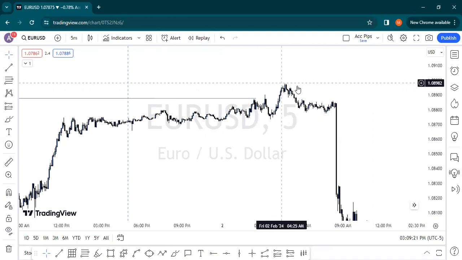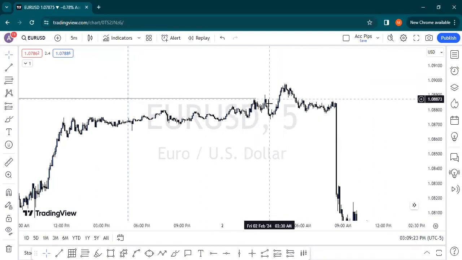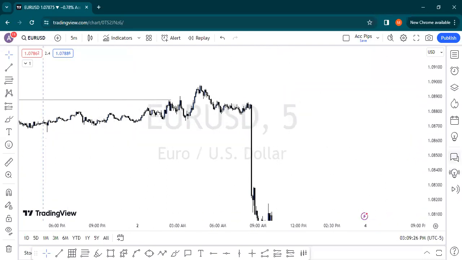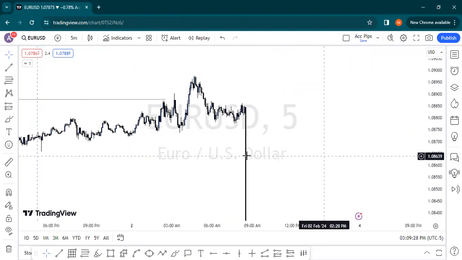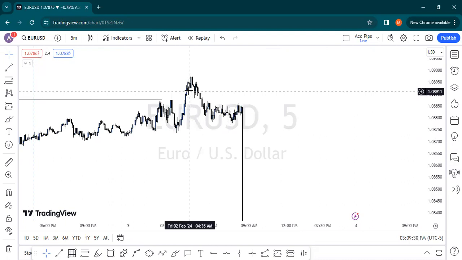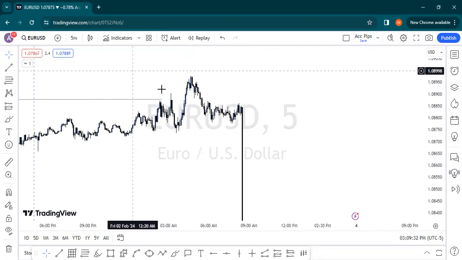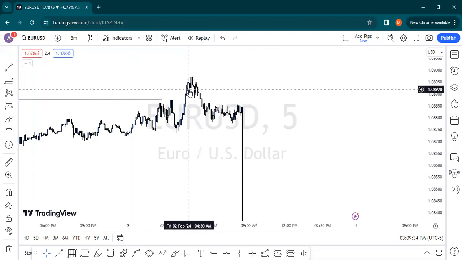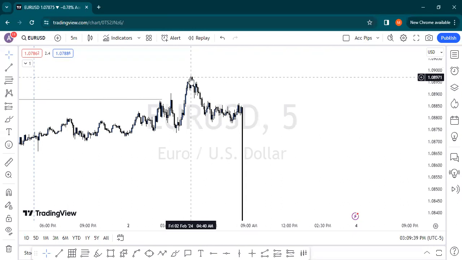So on 5 minutes, this is a break of structure. And then after the break of structure, there was this valid pullback here. So this becomes inducement to confirm our high on 5 minutes.